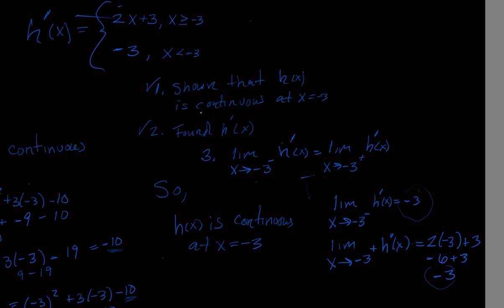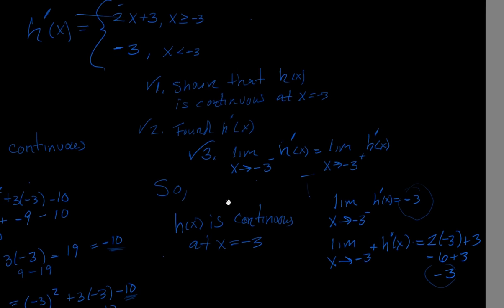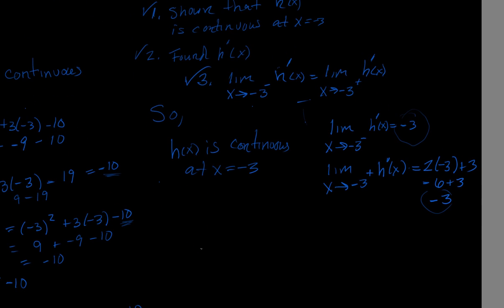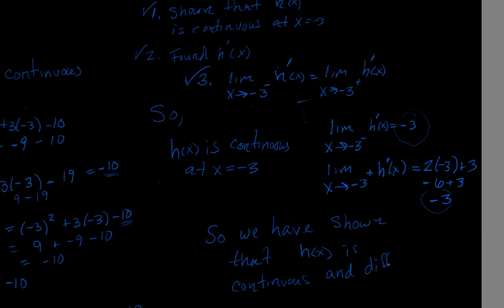That does show that those two limits are the same. And the combination of all of these allows us to conclude. So we have shown that this piecewise function h of x is continuous and differentiable.